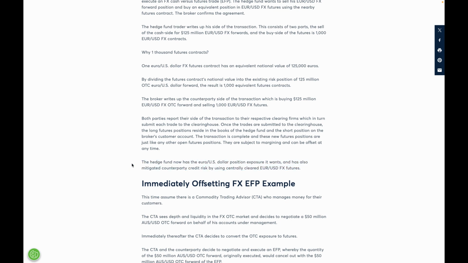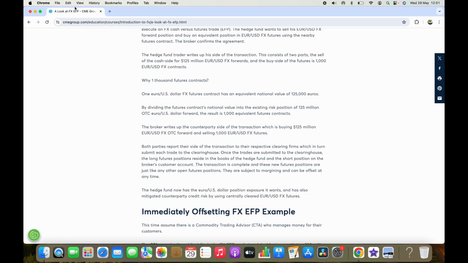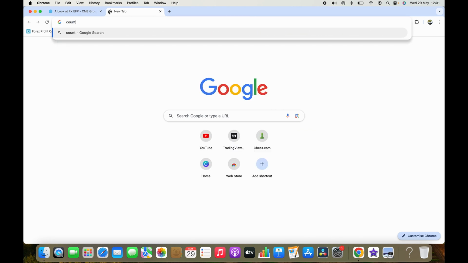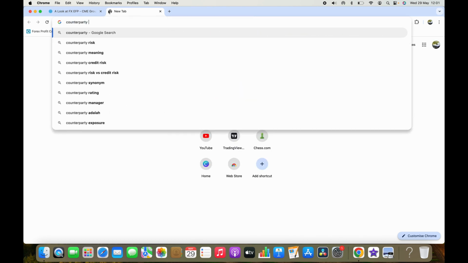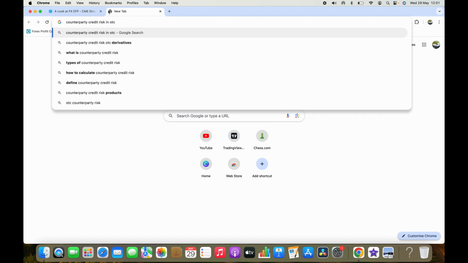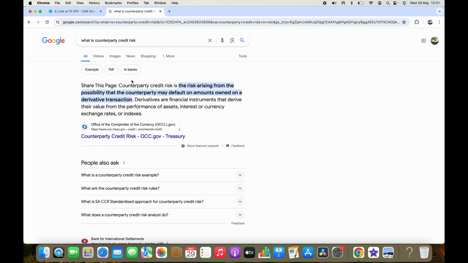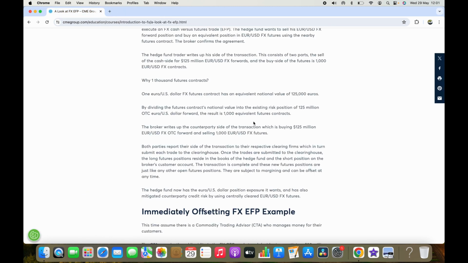What is counterparty credit risk? The risk arising from the possibility that the counterparty may default on the amount owed on a derivatives transaction. Okay, it's as I assumed.